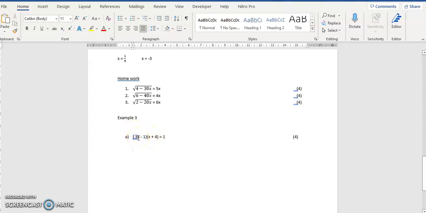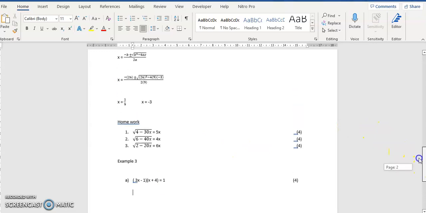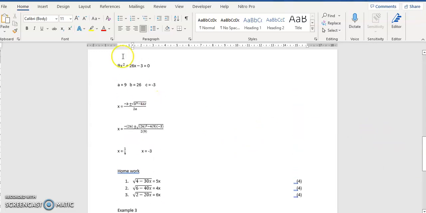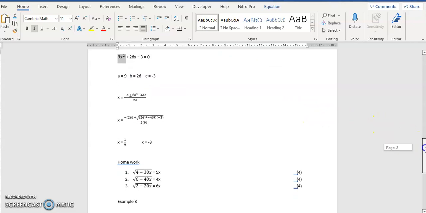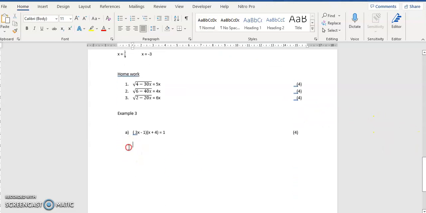So we are going to have 3x times x, which gives us 3x squared. Are we together? Then 3 times 4, what is it going to give us? 12x.